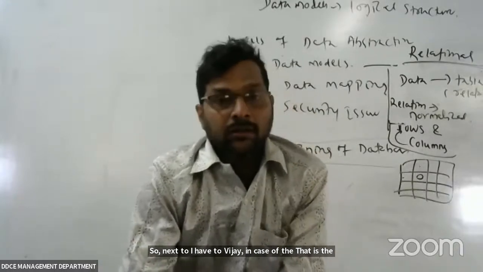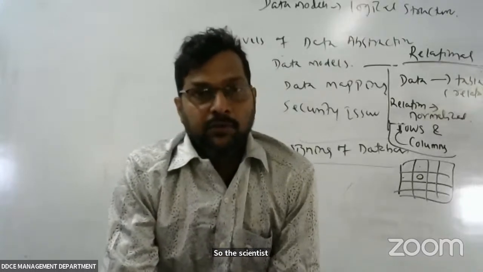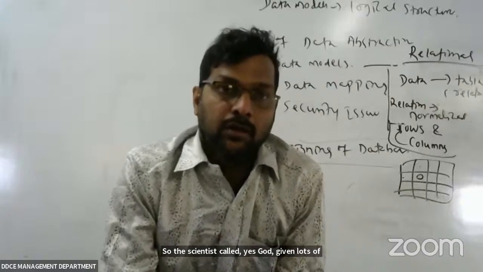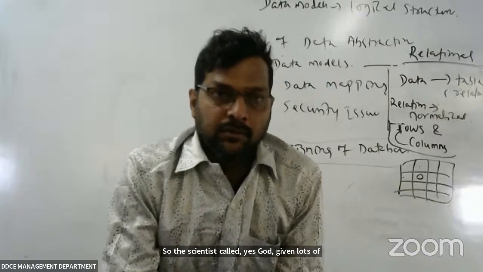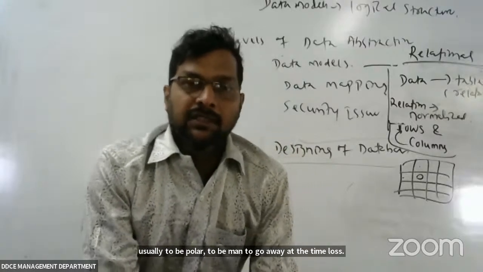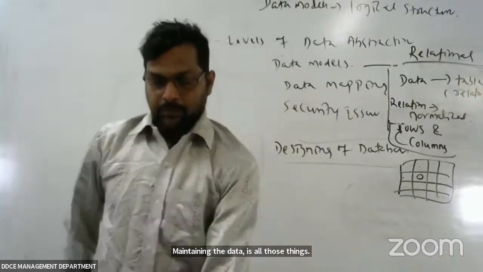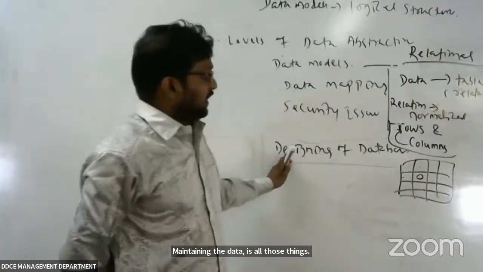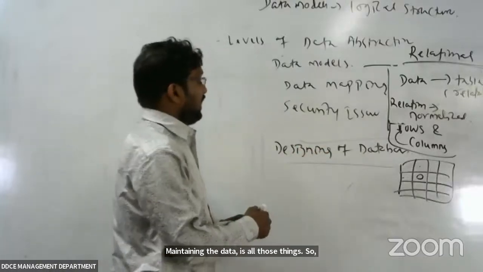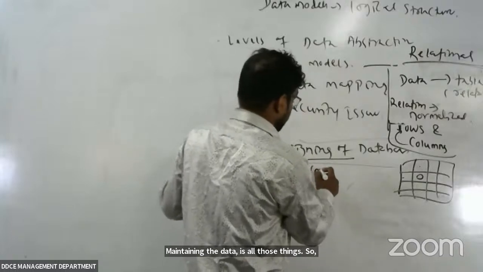The scientist E.F. Codd has given 13 principles, which are usually to be followed and obeyed at the time of creating and maintaining the database. Design of a database is itself also a long question, and it particularly refers to normalization.